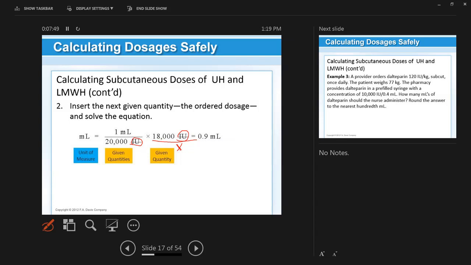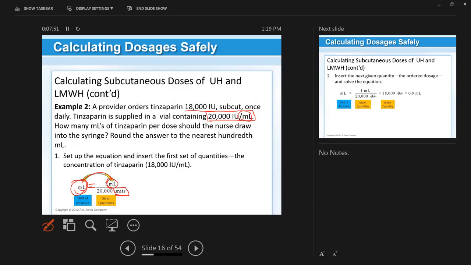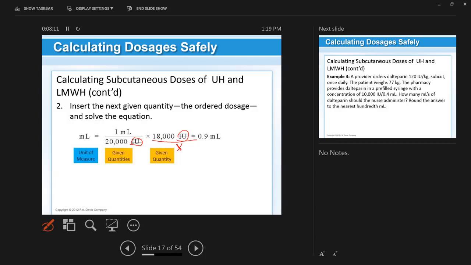You can see in the Horntvedt book, they're kind of going back and forth between labeling as units and labeling as IU, and IU is international units, so just be free with that. Most of the time I do write out units because IU could be misinterpreted as a different label. So I would get in the habit of just writing out units to label with, but in this example we do see that the book has used IU, and don't let that throw you off. It's just a little inconsistency that they're presenting.